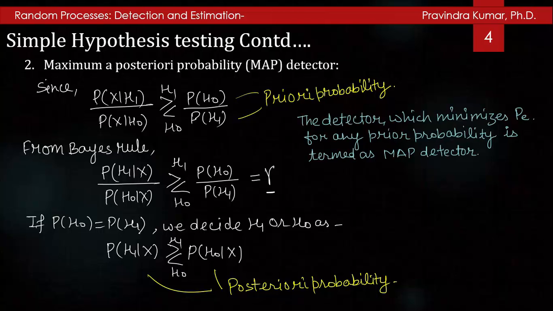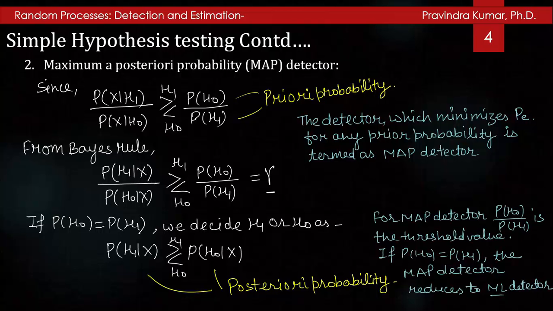This detector, which minimizes the probability of error for any prior probability, is termed the MAP detector. For the MAP detector, P(H0) by P(H1) is the threshold value, and if P(H0) is equal to P(H1), then the MAP detector reduces to the maximum likelihood detector.